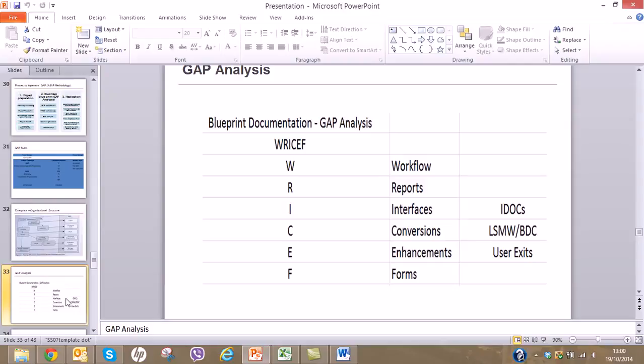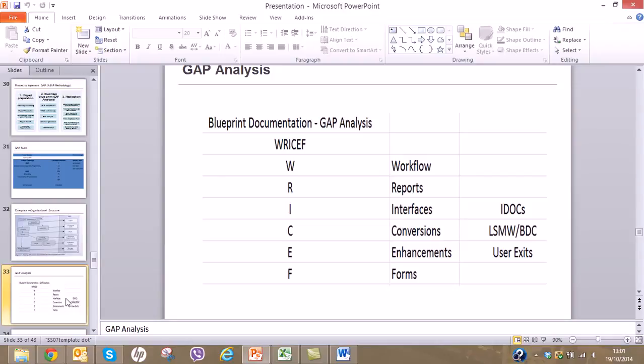The third is interfaces. Interfaces is where the company wants to send data electronically. Nowadays it is very advanced. Nowadays nobody sends the invoices by post or by email. This is sent through electronic medium.